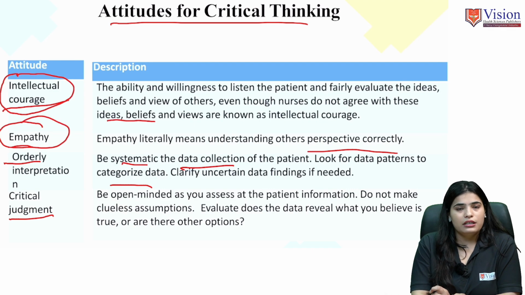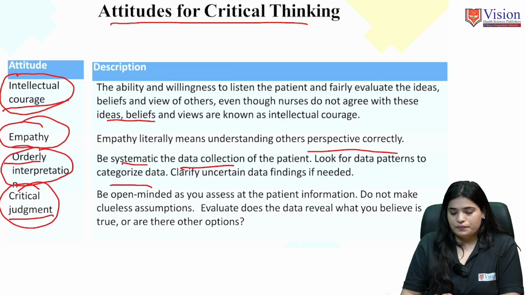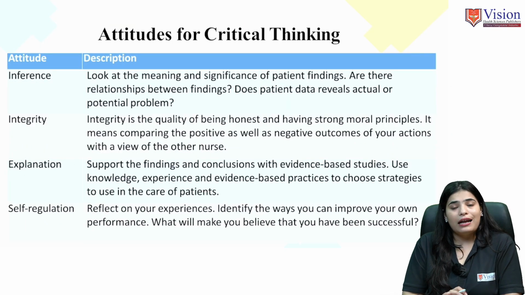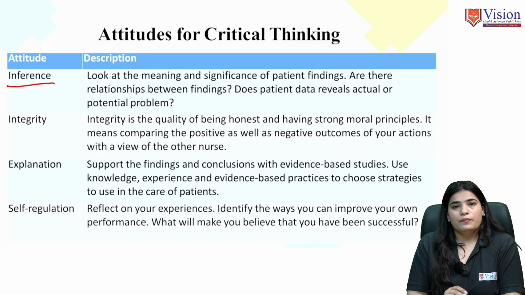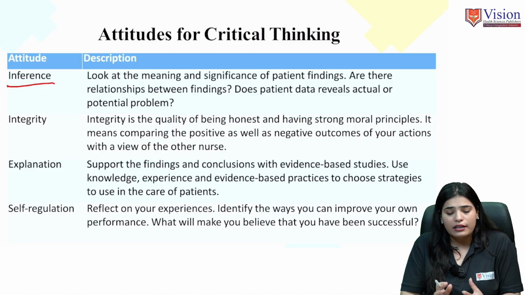She should be empathetic, she should interpret the data in an orderly way, and she should have critical judgment. Other than that, there is inference. Whatever the patient is telling us, whatever data we are looking at, we have to try to find some relationship, some significance in that.